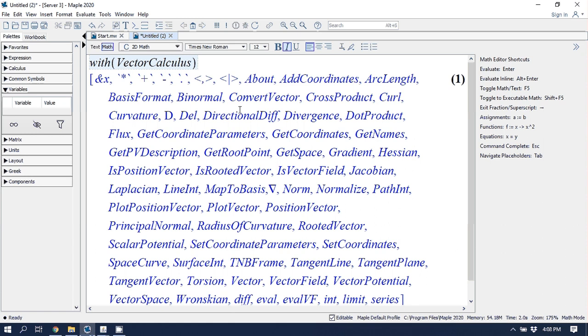In that case, the cursor can move to the second position or the second row, but the command is not executed. Maple doesn't care which is the place of each command in the worksheet. So that's one of the most important things to keep in mind if you're new with Maple.